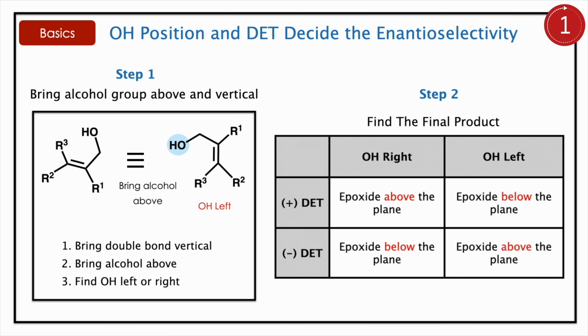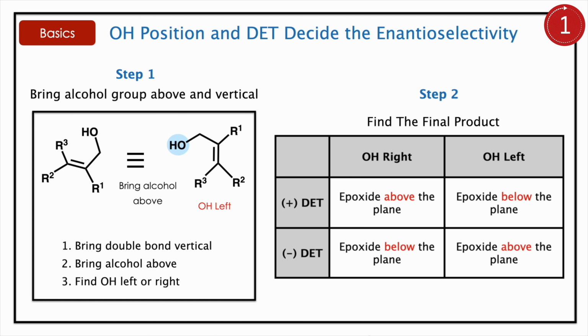You need not know the mechanism; just go step by step to find the product. The first step in identifying the product is to bring the double bond vertical. In a reaction, the double bond may be given in a horizontal position, so you rotate it to bring the double bond vertical. While bringing it vertical, the OH should be above. Then find whether the OH is on the left-hand side or the right-hand side.